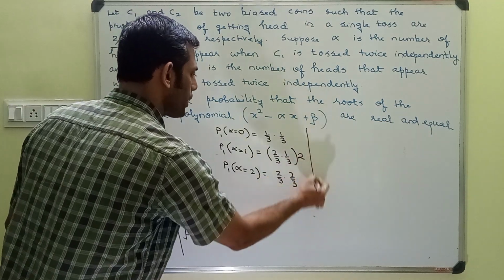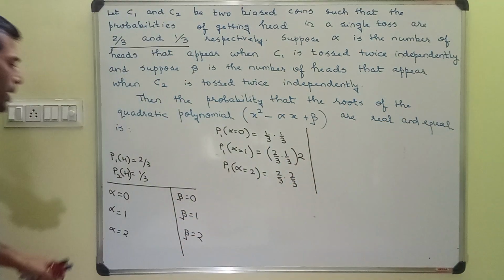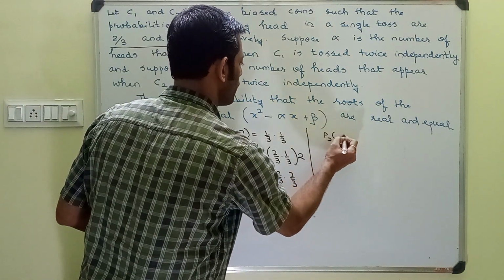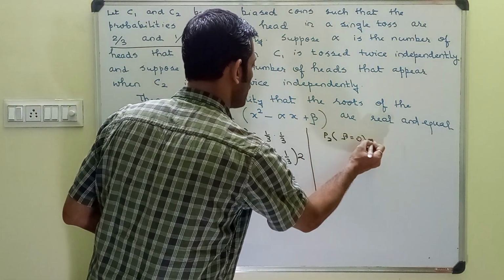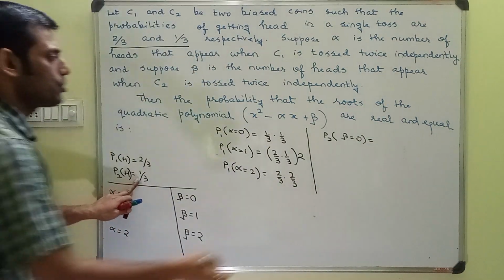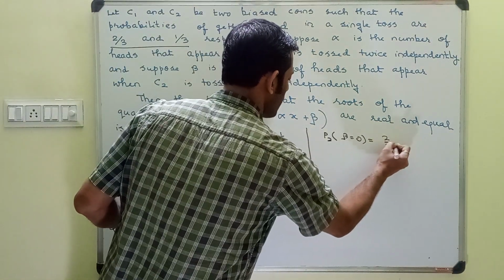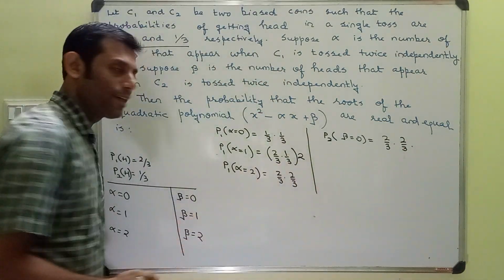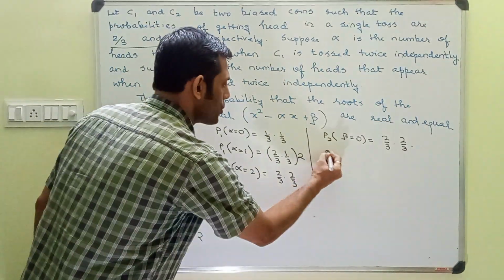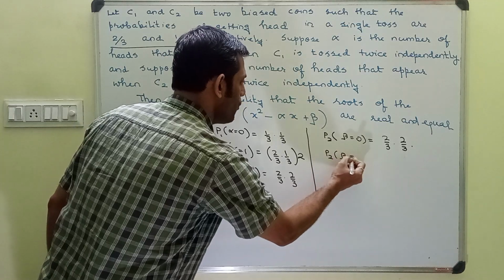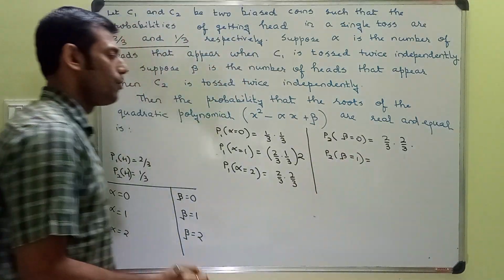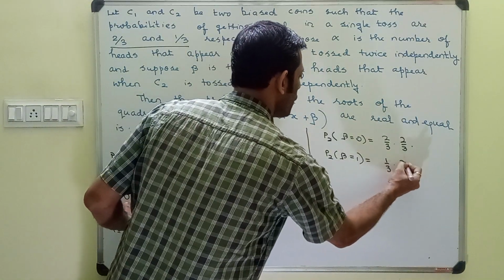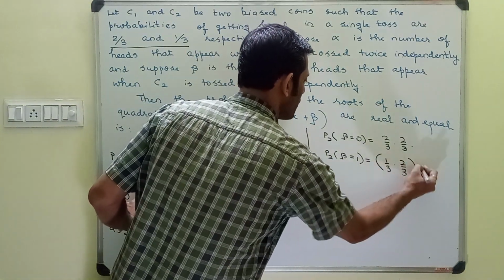Now let's go to the second coin in this question. Again beta equal to 0. That means second coin having 0 heads, both are tails. That means 2 by 3 for a tail, 2 by 3 for a tail, and that can happen only one way. Second coin with only one head means you get a head 1 by 3 and a tail next, or vice versa.